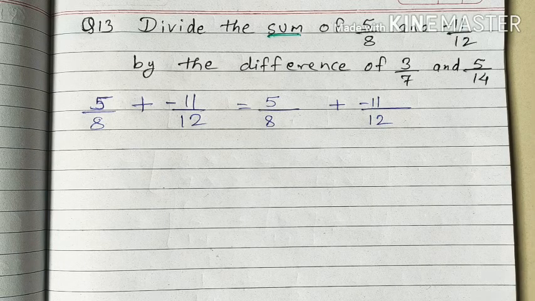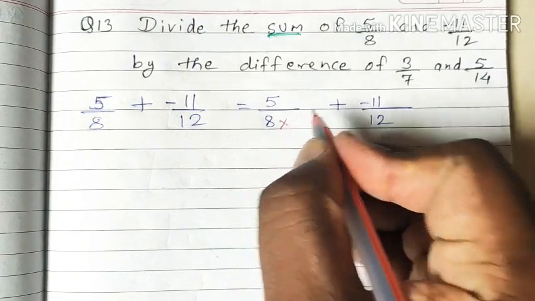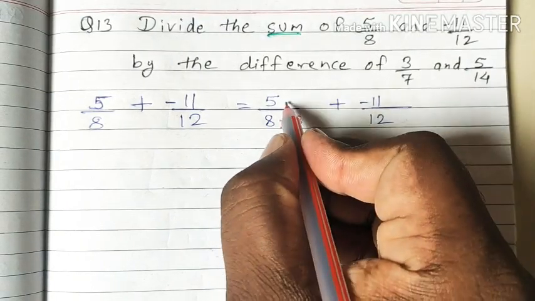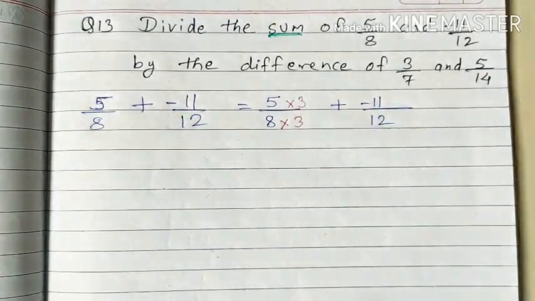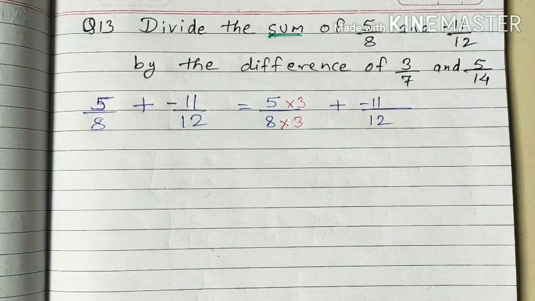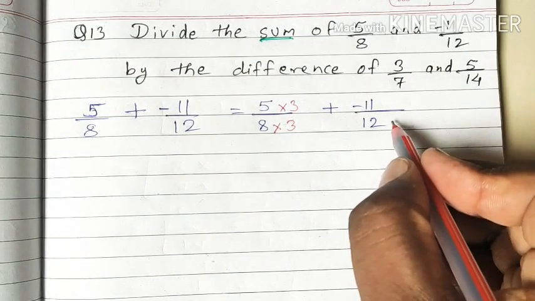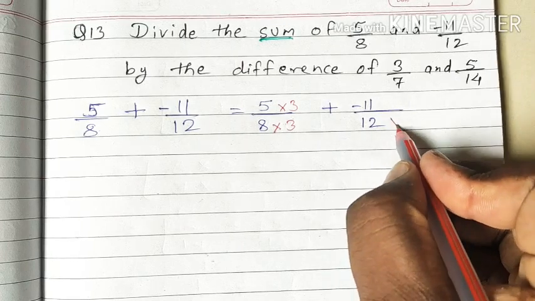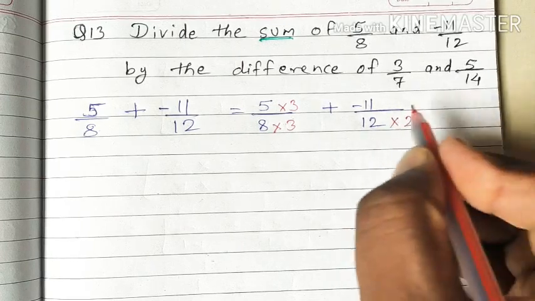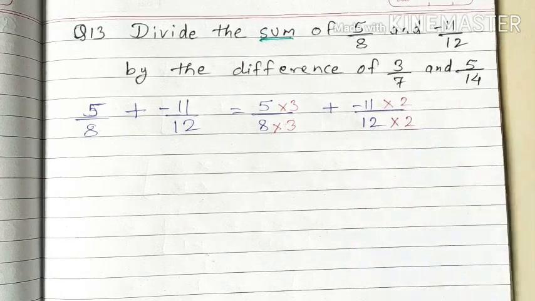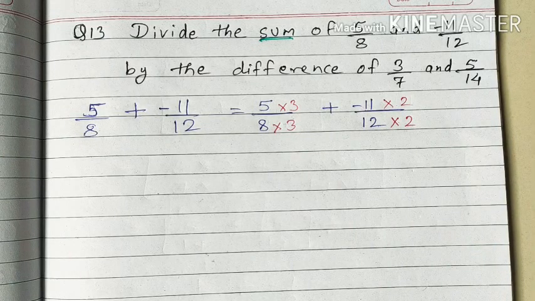We should multiply it by 3. Means the numerator is also multiplied by 3. Similarly, the denominator here is 12. To convert it into 24, we should multiply it by 2. Here also we should multiply by 2. Got it?